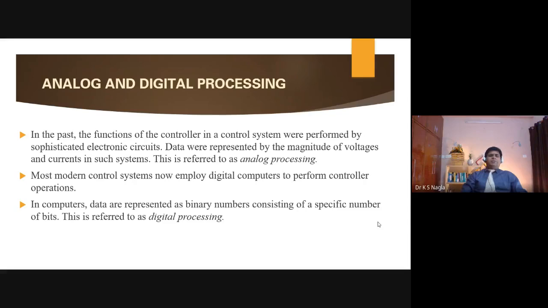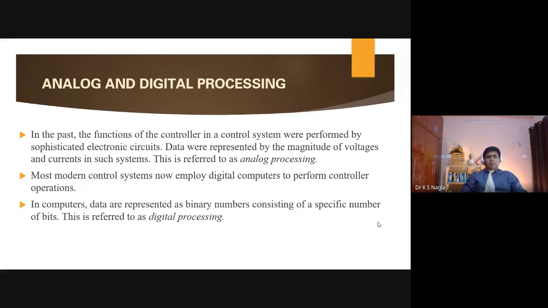In the past, the functions of the controller in the control system were performed by sophisticated electronic circuits, and the data were represented by the magnitude of voltage and current in such a system. That was referred to as analog processing, and we have already discussed the limitations of analog processing. Compared to analog processing, there are many advantages with digital processing.